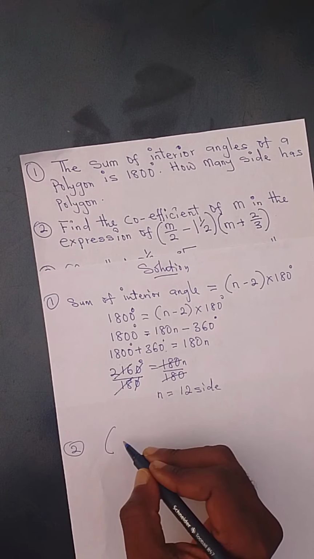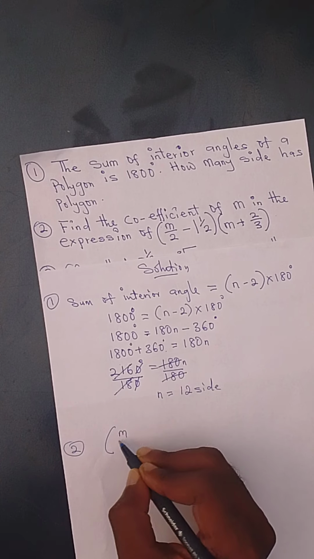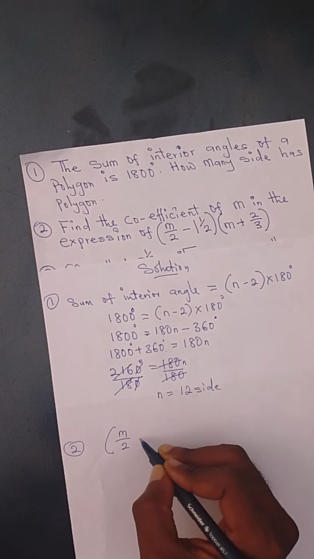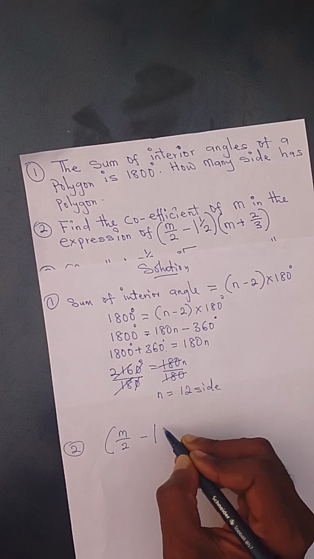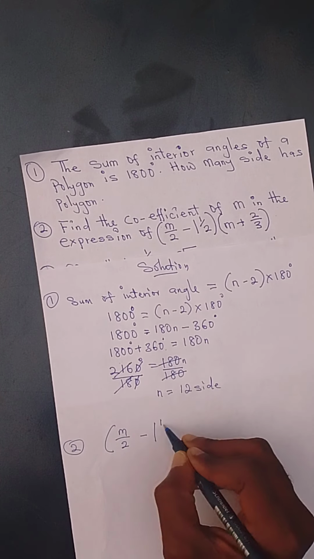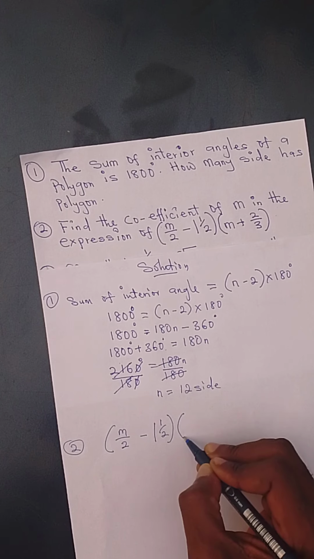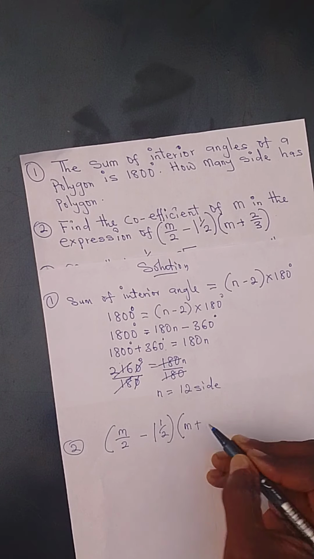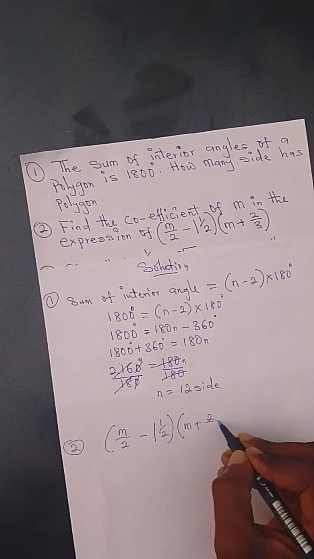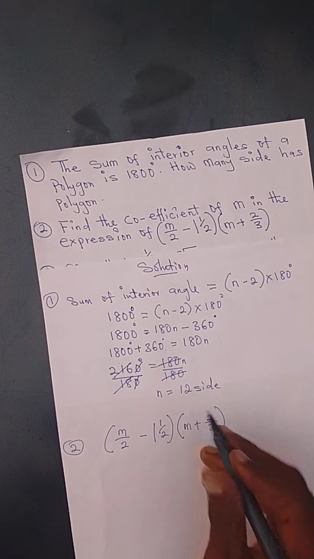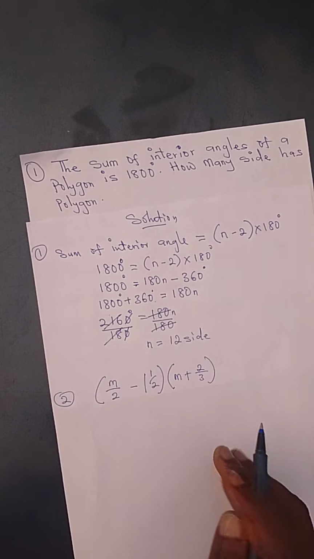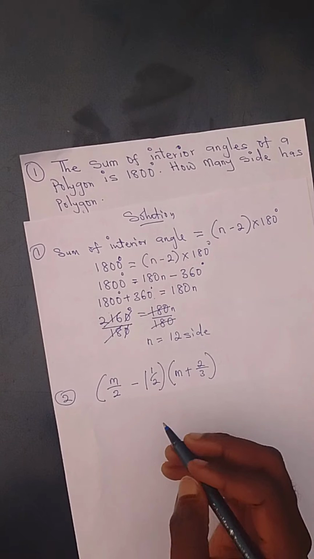Now this is the expression: open bracket, m all over 2 minus 1 whole number 1 all over 2, close bracket, open bracket, m plus 2 all over 3, close bracket. So now find the coefficient of m in this expression.